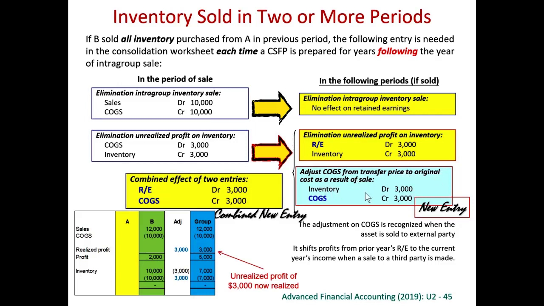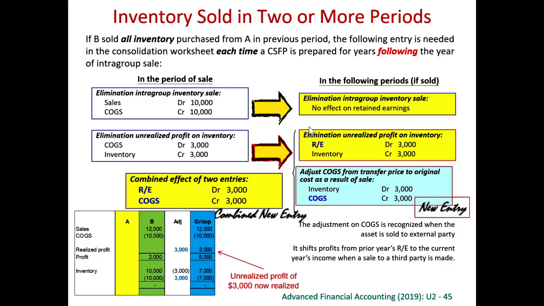Whenever we debit inventory, we need to credit cost of goods sold, because cost of goods sold is opening inventory plus purchases minus closing inventory. So if the closing inventory is higher, meaning debiting inventory, the cost of goods sold should be lower. Therefore, whenever we debit inventory, we credit cost of goods sold.